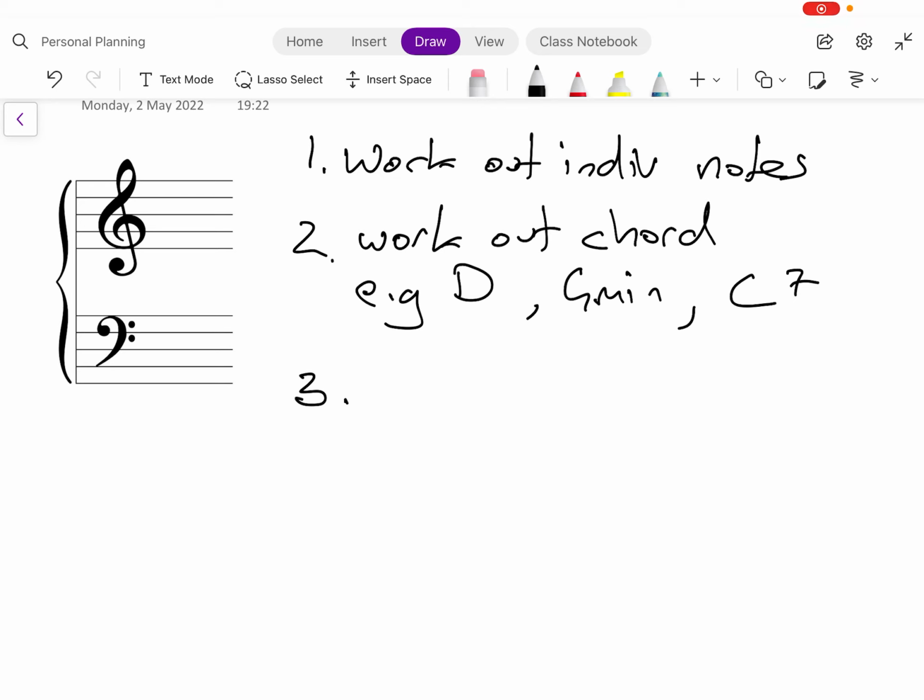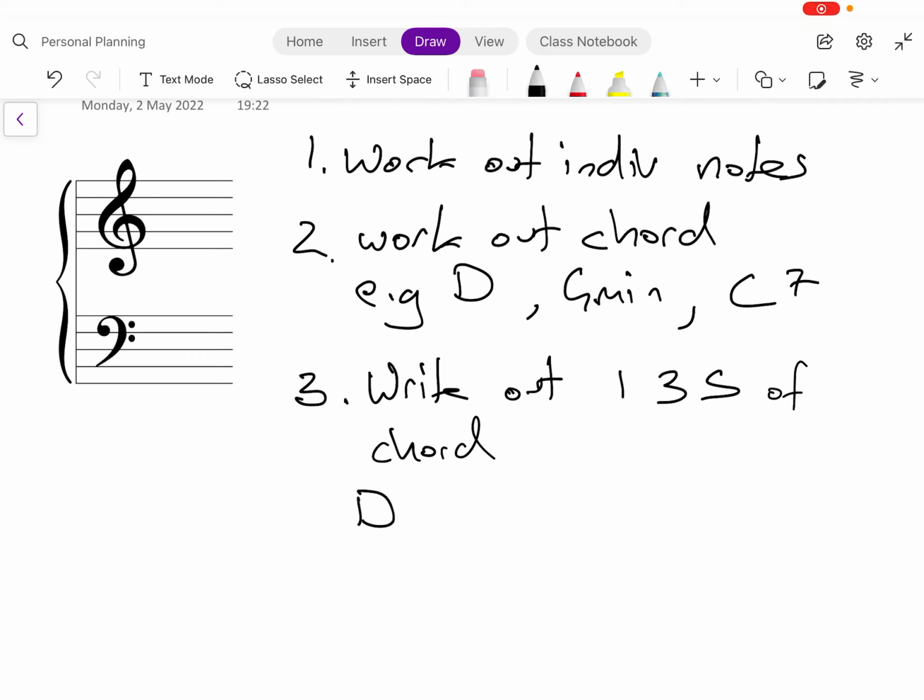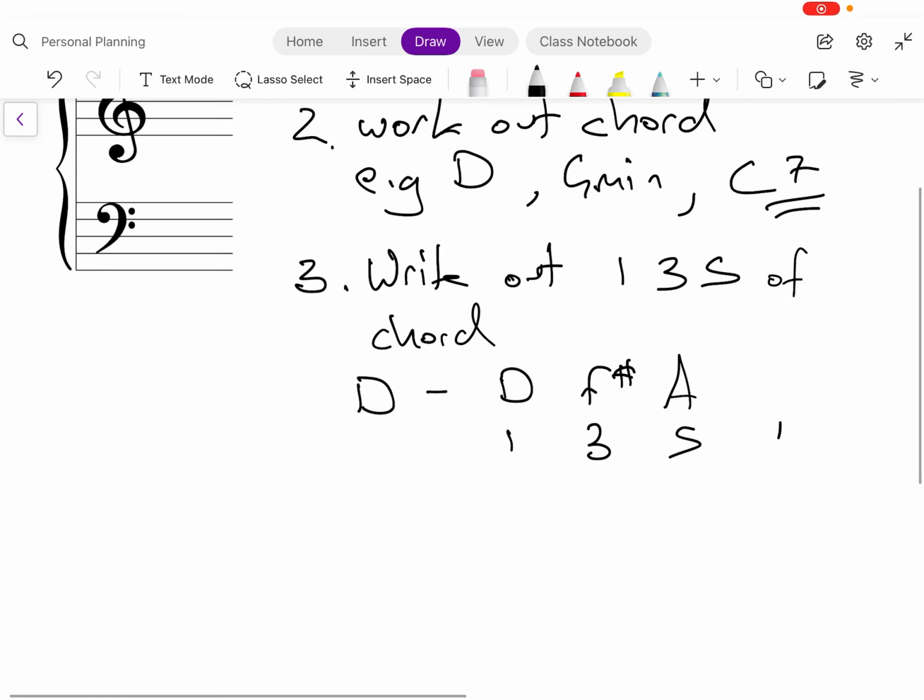Then 3, write out the first, third, fifth of the chord. So for instance, if it's a D chord, you'd write out that it's D, F sharp, and A, first, third, fifth. If you do have a 7 chord, don't worry about writing the 7 down. You still just need to write the first, third, and fifth, okay?